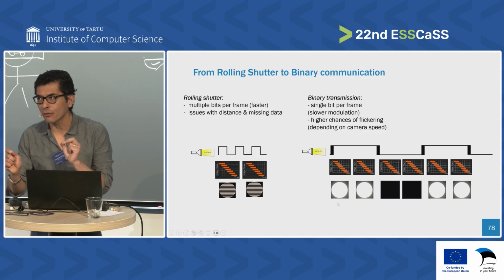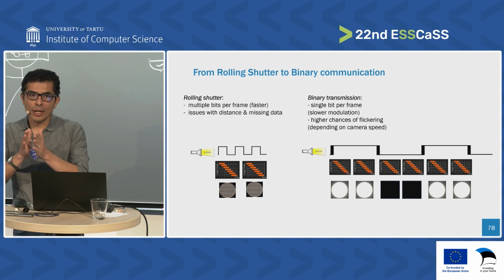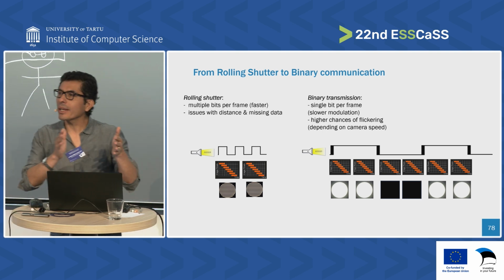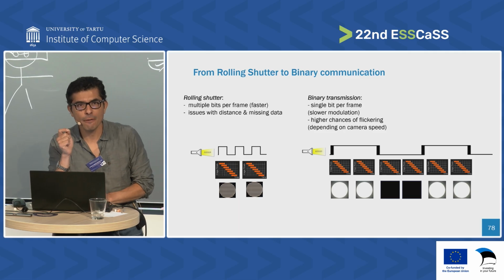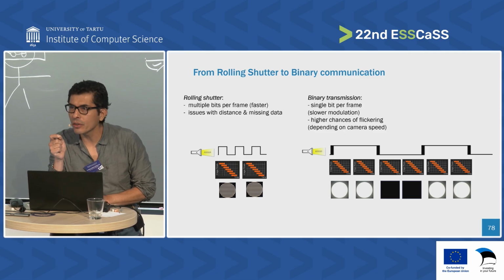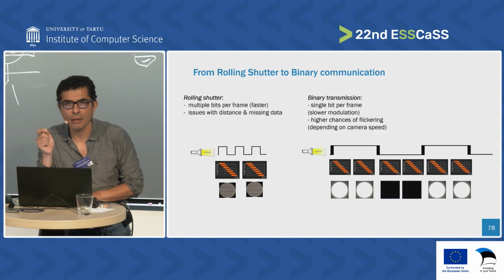So that's the key difference. You're just going to make a slower LED. Now, if you make your LED too slow and your camera is slow, that's a problem because you're going to have flickering effects. Hence, if you want this to work, you need to get a faster camera. And by a faster camera, I mean something like around 240 frames per second for it to work.